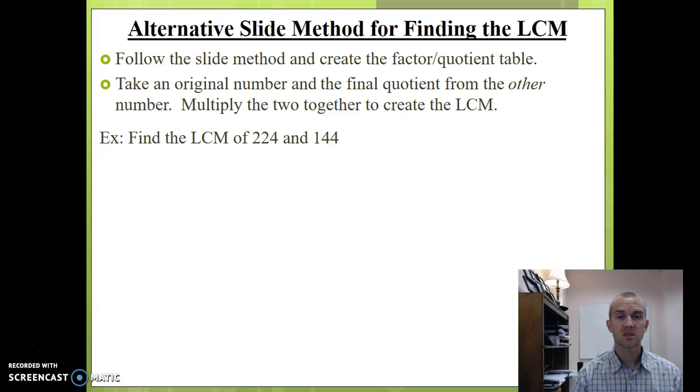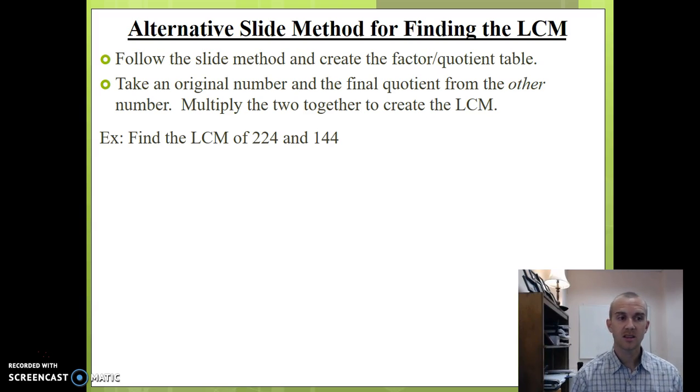Now there's also a slight alternative I can do to find the LCM. I can follow the exact same method I just used for the slide method. However, at the very end, if I take one of my original numbers for which I'm trying to find the LCM and multiply it by the last number in the opposite column, that last quotient, that will also give me the LCM.